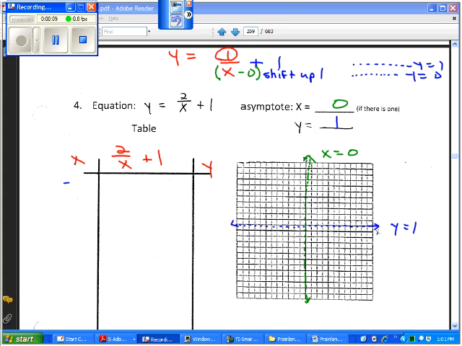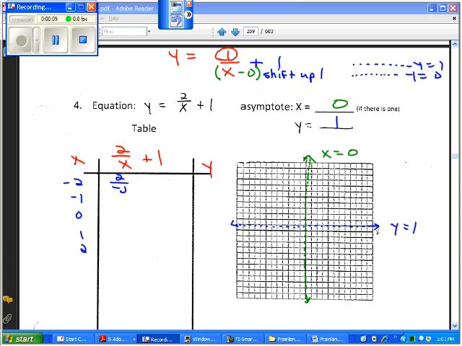What we could do is just choose the old faithful -2, -1, 0, 1, and 2, and just see what happens. You might think about the fact, though, that if we're dividing a 2 by something bigger than 2, it's going to turn into a fraction. So this is going to give us some whole numbers to start with, and we'll see where we're at and then think about what we need to choose next.